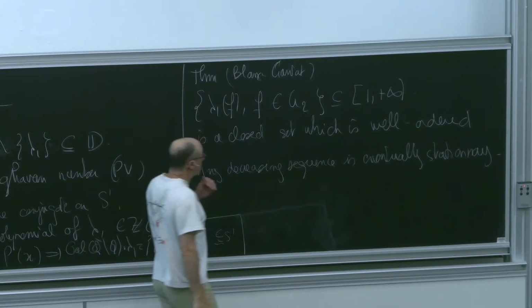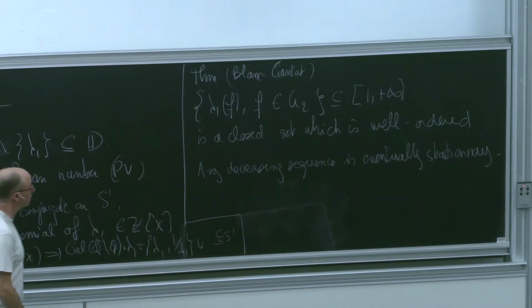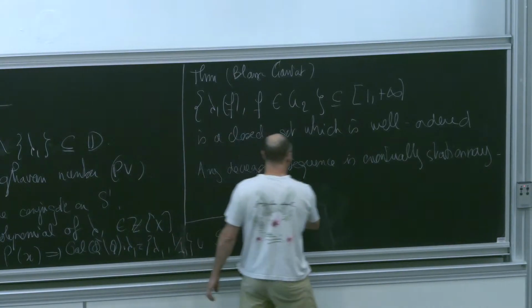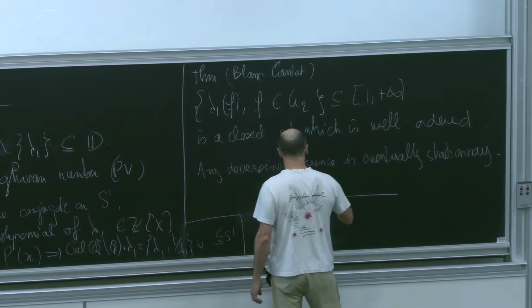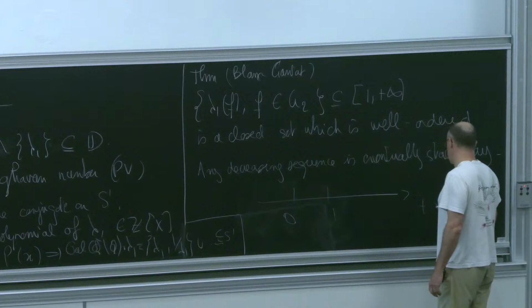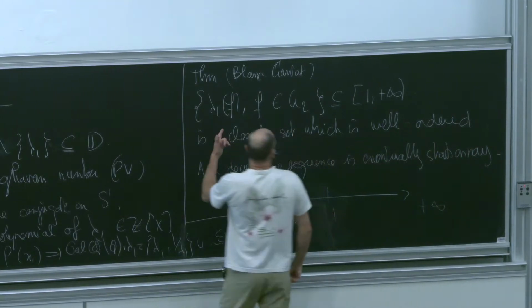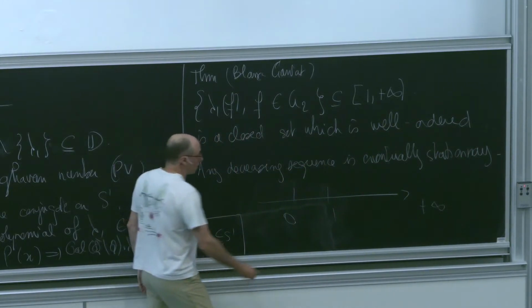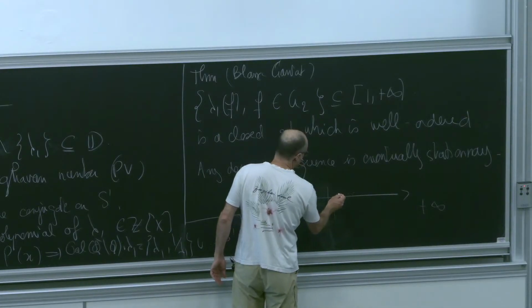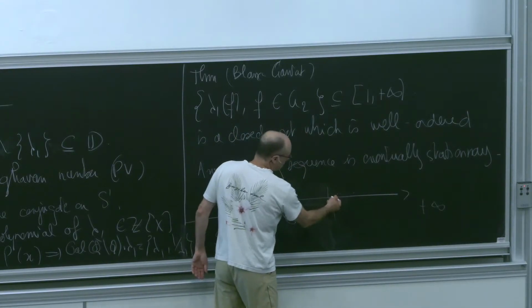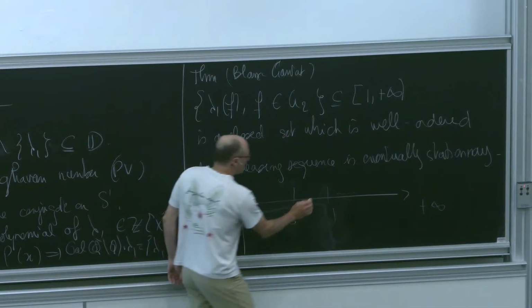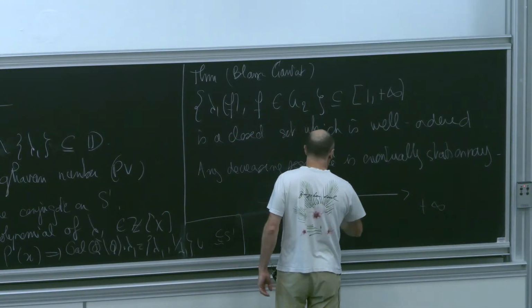Okay, so what this implies in particular is that, on the real line, 0, 1, plus infinity, if it is well ordered, you cannot find a sequence of lambda 1 of f that accumulates on the point 1, right? So in other words, you have a gap here.